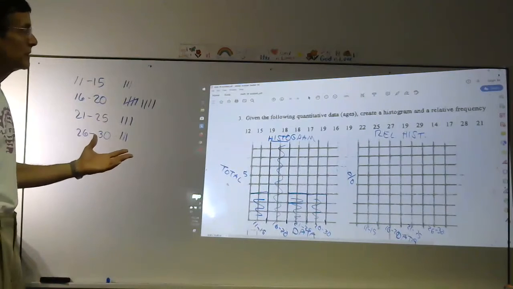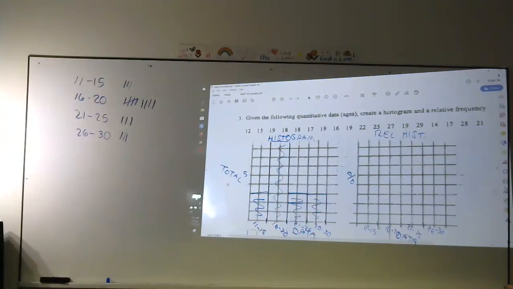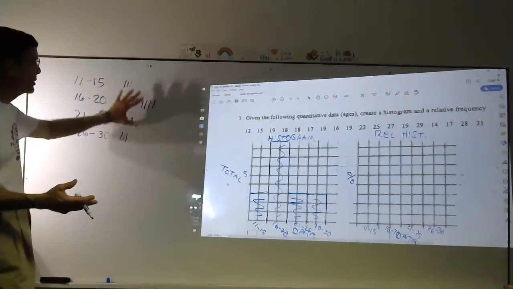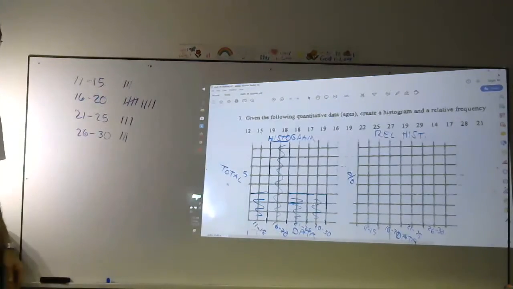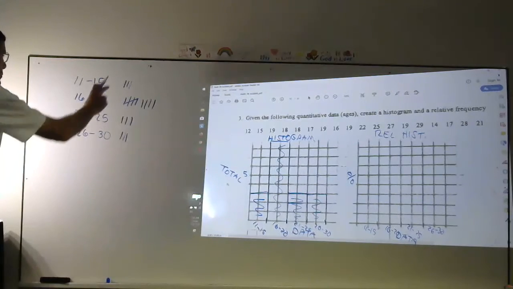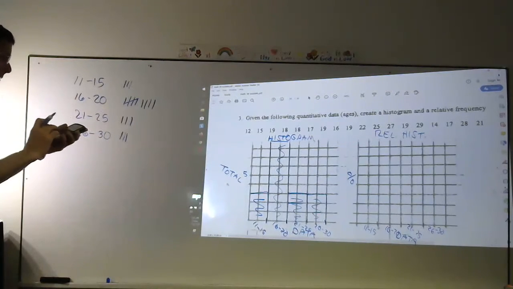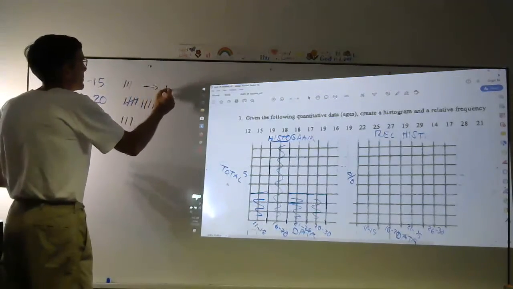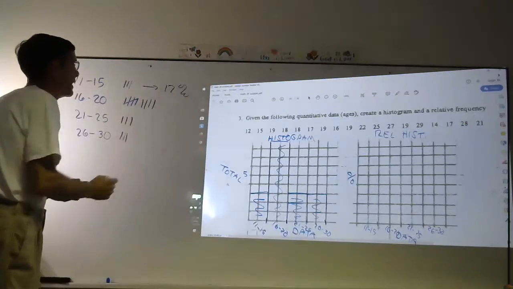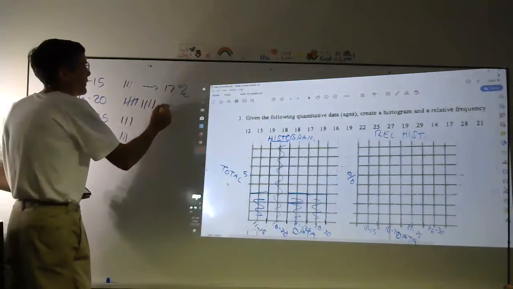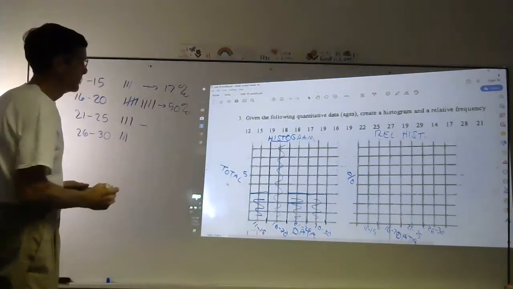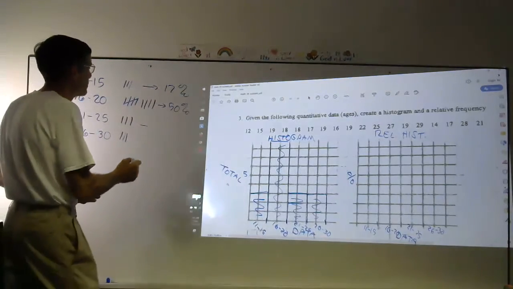Now, relative histogram. Relative means how big is this first one going to be relative to the whole group? There are 18 in the whole group. We have 3 out of 18, so we have 3 divided by 18. This is 17%. 9 divided by 18, I know that that's 50%. And the others, heaven's sakes, they're all 3s.